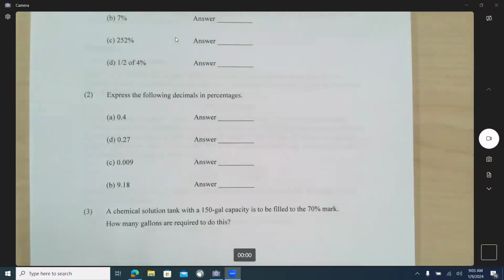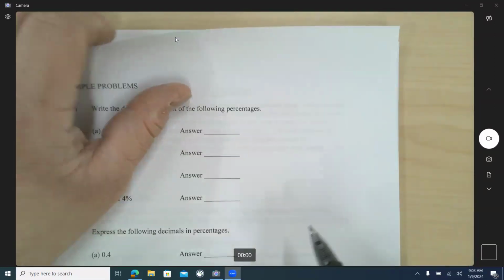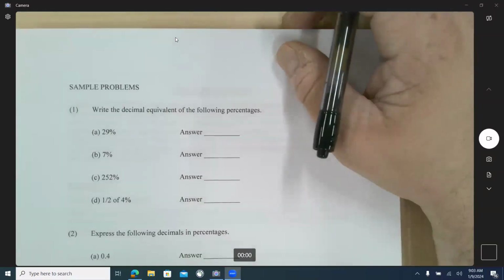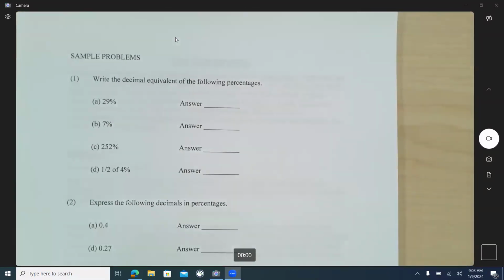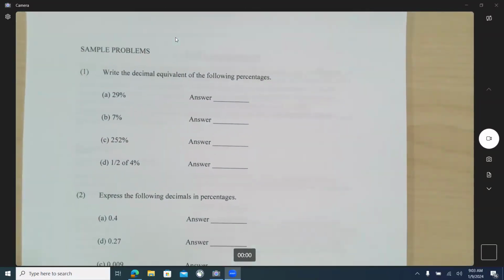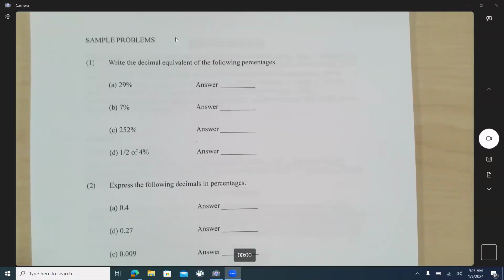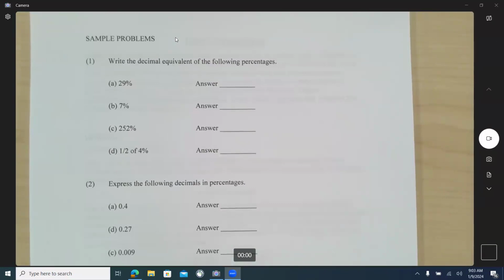All right. On page 4, I want you all to go ahead and try these out. I will give you, we'll say, 4 minutes to do page 4, and then we'll go over them together, okay? See you soon.